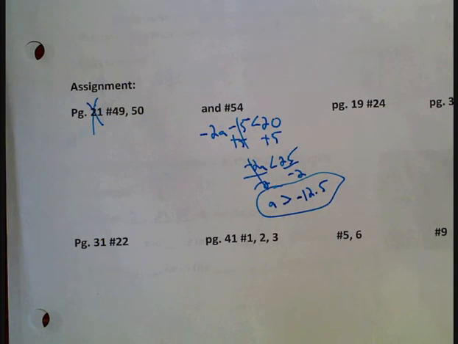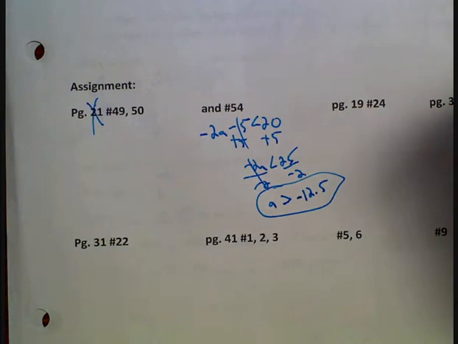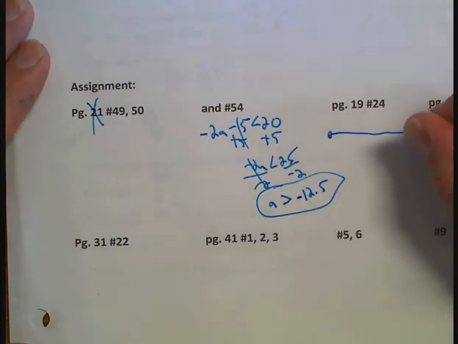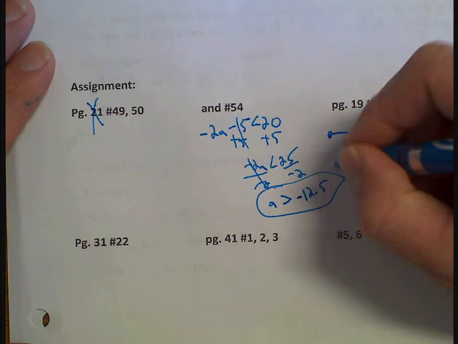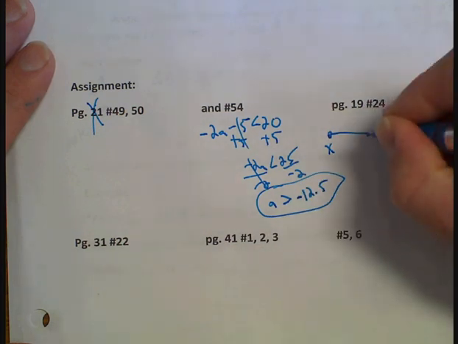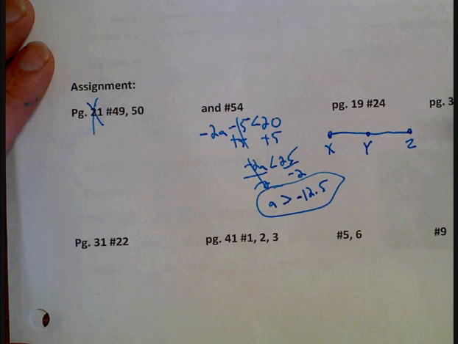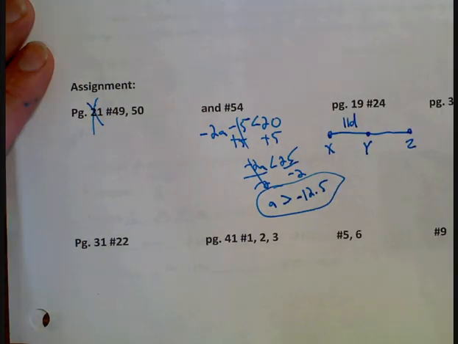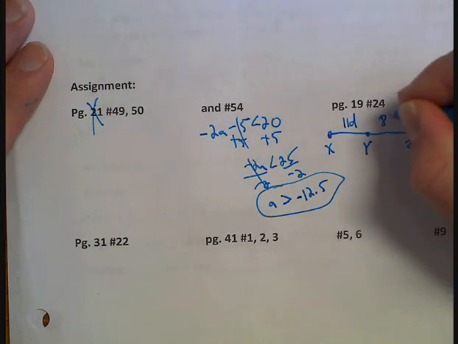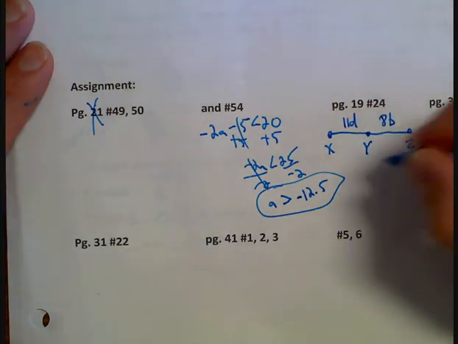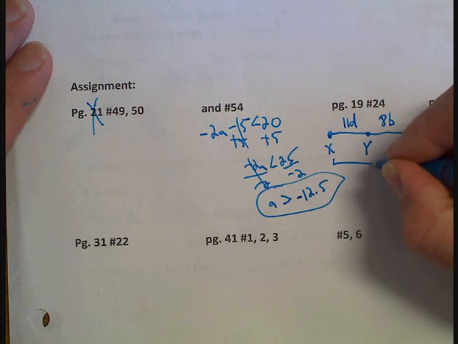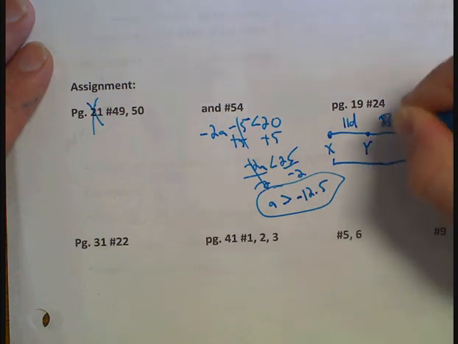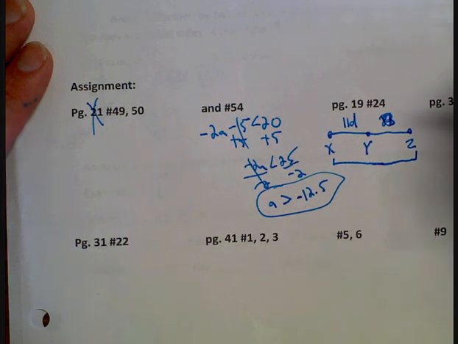Okay, find the value of the variable and yz. So number 24, they say that y is between x and z. xy is 11d. yz, I was looking at the wrong problem, is 9d minus 2.